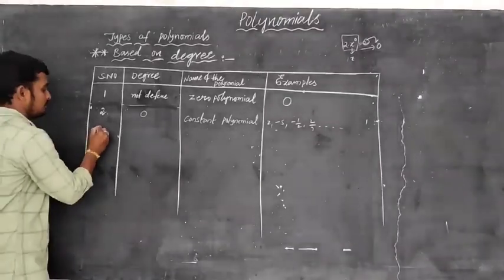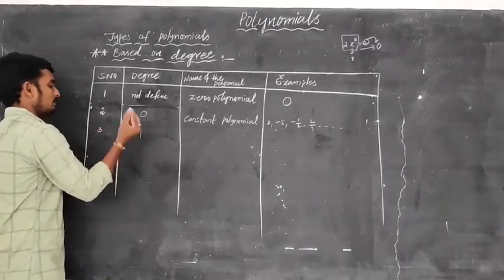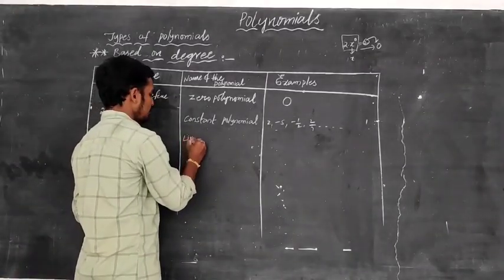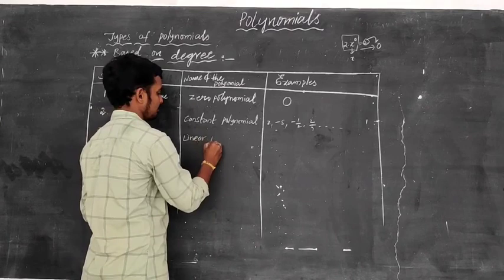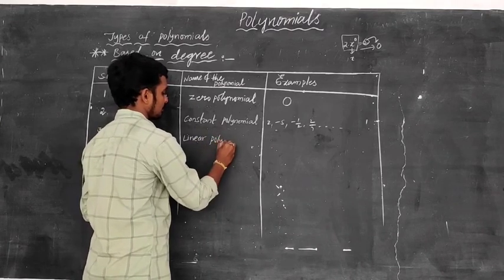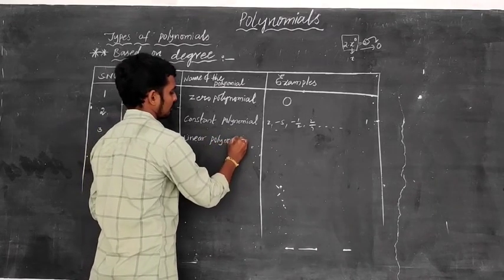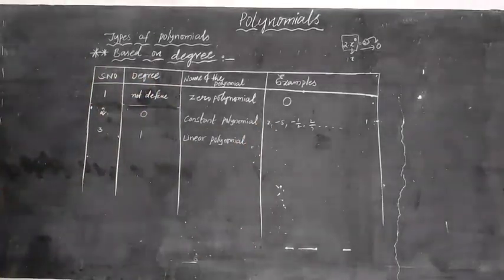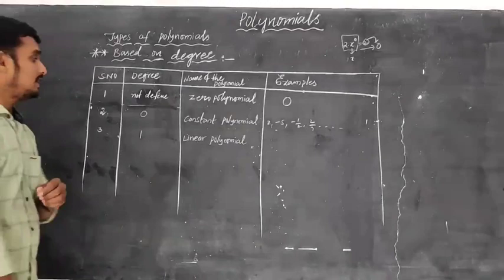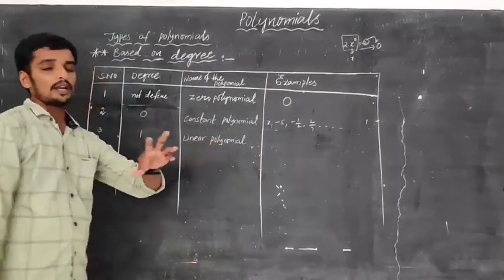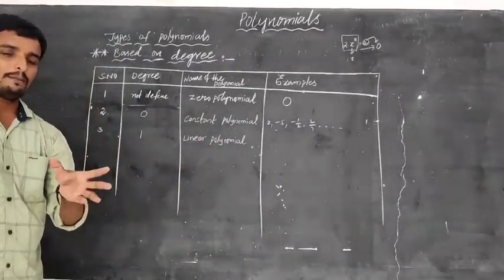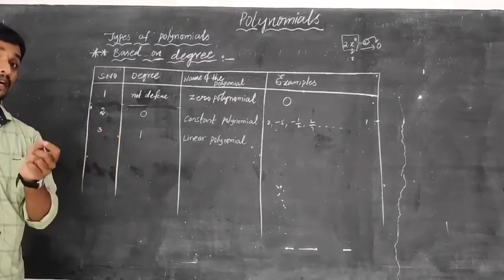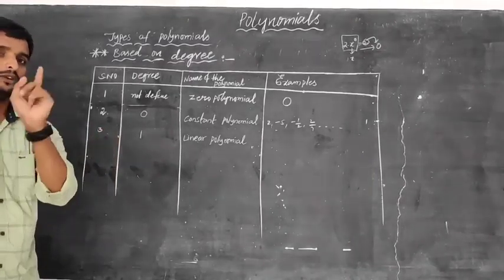Now, third. If the degree of a polynomial is 1, then the polynomial is called a linear polynomial. That means we write a polynomial using variables x, y, or a, b, c, z, whatever you like, but the degree of the polynomial is 1. If you have a doubt: a linear polynomial can be a monomial, binomial, trinomial or multinomial, write any of them, but the powers of x and y must be 1.